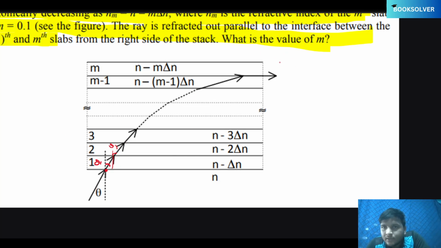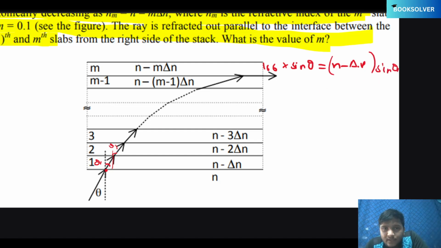It will be nothing but the refractive index of air, which is 1, times sine theta, equal to, it is given as 1.6, I guess, not 1 here. So 1.6 times sine theta is equal to (n minus delta n) times the sine of theta 1.